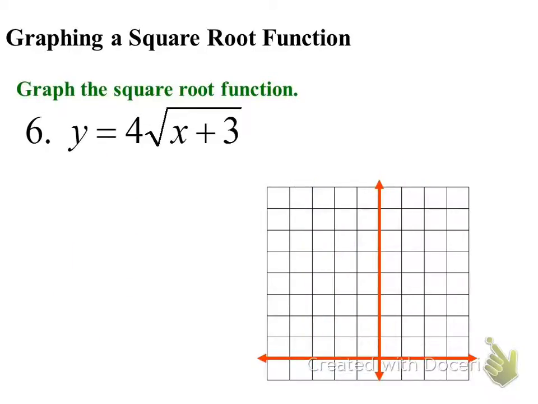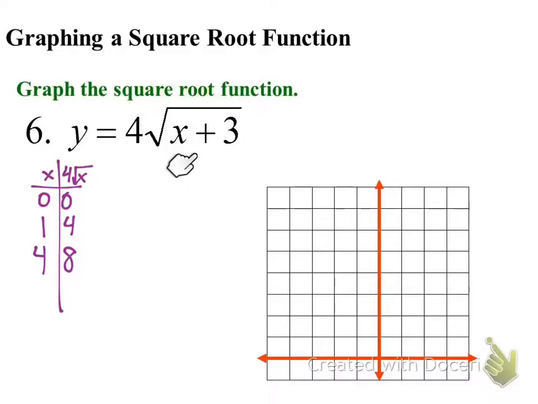Y equals 4 times the square root of the quantity x plus 3. We're going to use that old table. After I copy down the old t-chart, now I'm going to try to figure out what is being affected, the inputs or the outputs. So now that we realize it's the inputs that are being affected, we're either moving right or left.